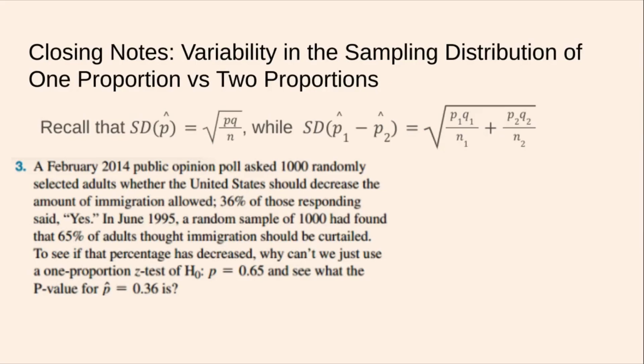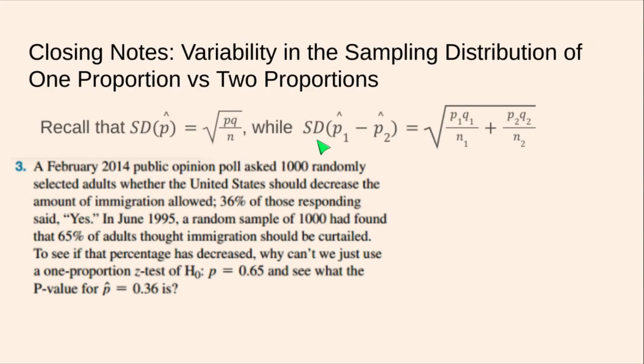Here are just some closing notes. We need to talk about the variability in the sampling distribution of one proportion versus two proportions because they are in fact quite different. Recall the standard deviation of p hat, the sampling distribution of sample proportions, is square root of pq over n. That is a fact that has probably been drilled into you at this point.